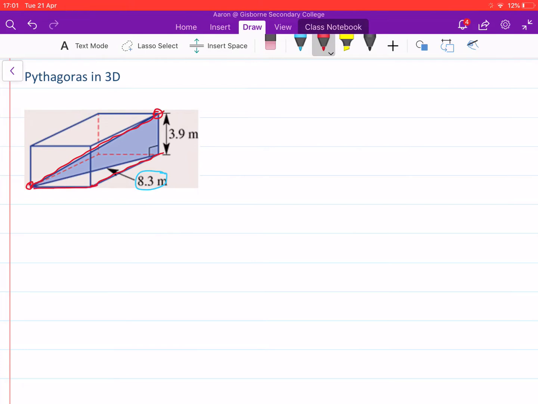This line here. Okay, so with those two lines there, we could then work out that 8.3, and with that 8.3, we'll obviously already have 3.9. We'd be asked to find the diagonal. So they can get complex.